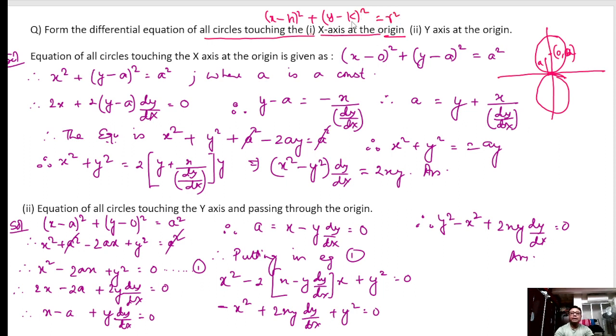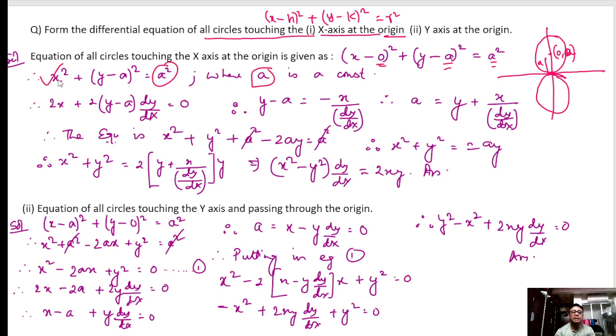Here h is 0 and k is a and r is also a. So now this equation becomes this, and we see that there is only one constant here, which is a. That means I have to differentiate it only one time.